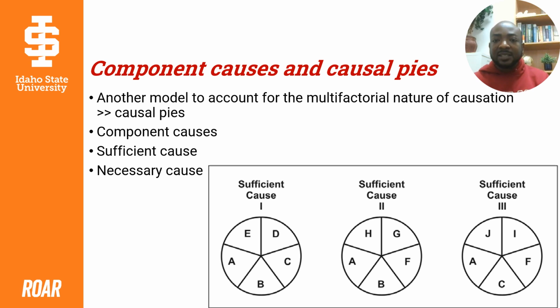A single component cause is rarely a sufficient cause by itself. For example, even exposure to a highly infectious agent such as measles virus does not invariably result in measles disease. Host susceptibility and other host factors may also play a role.